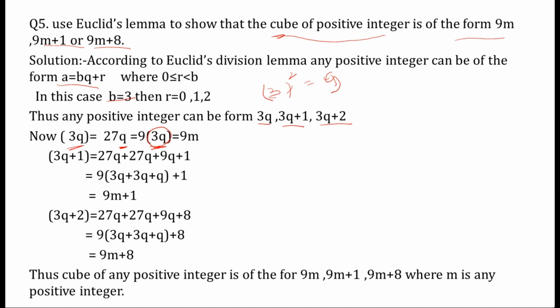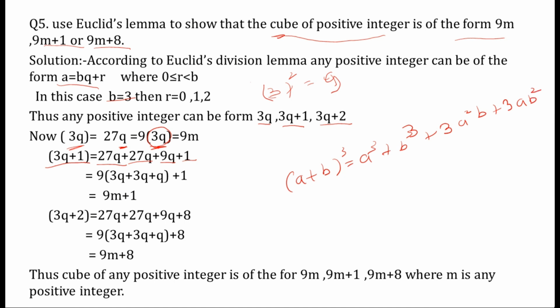Now we take the cube of 3q + 1. On taking the cube of 3q + 1, we get 27q cubed + 27q squared + 9q + 1, because (a + b) cubed = a cubed + b cubed + 3a squared b + 3ab squared.